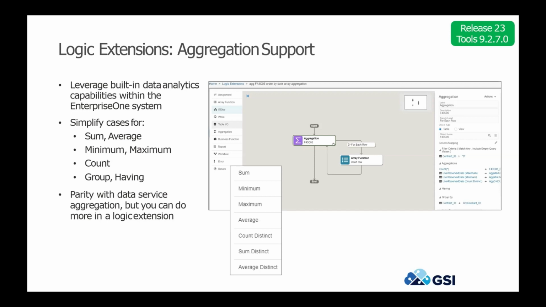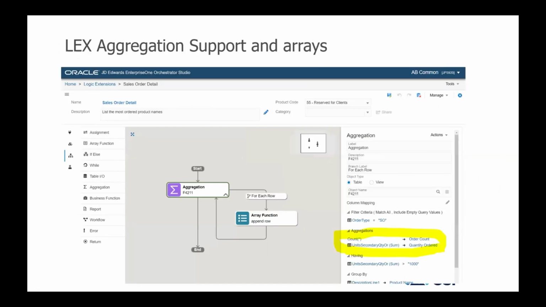So aggregation, and now there's a new aggregation icon you can see in here, and it allows you to do built-in data analytics and simplify cases for calculating and grouping and putting things together. So that, along with the array function that we just took a quick look at, are a couple of the new features that we're seeing in logical extensions.